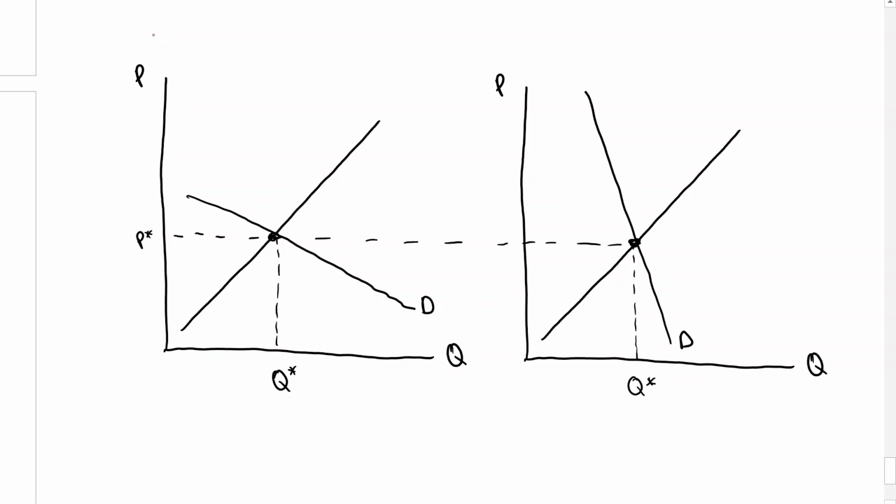But now, let's say we want to put a tax into place that's going to be this big. Okay, and actually let's extend these.